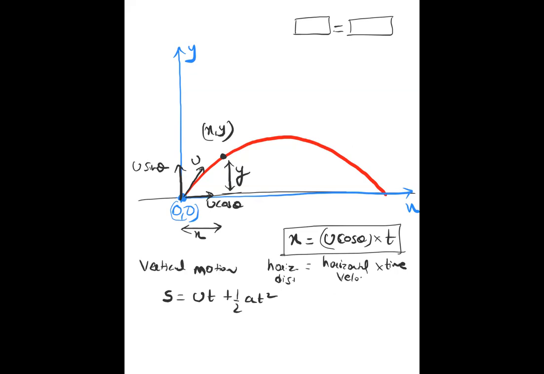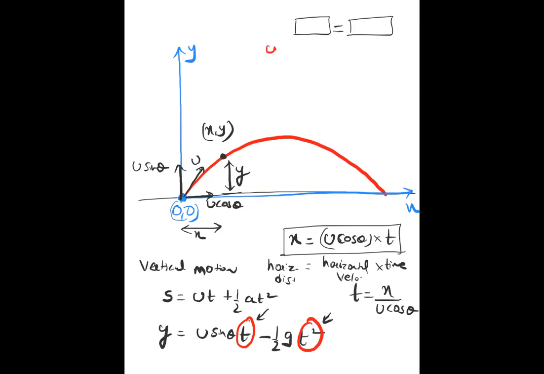Here the vertical distance traveled is y. Initial vertical velocity is u sine theta, so y equals u sine theta into t minus, because acceleration is in the downward direction, half g t square. And t is something which we want to eliminate. Because you want an x and y equation, you want to eliminate t. So t you can take from here: t is equal to x upon u cos theta. You can substitute that t value here, and then you will get the final equation.